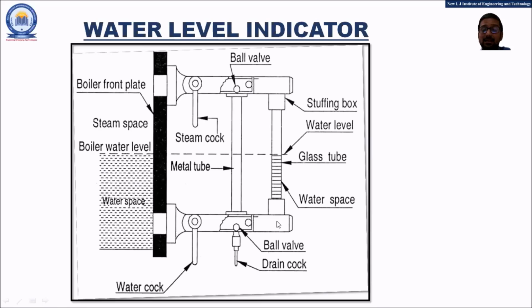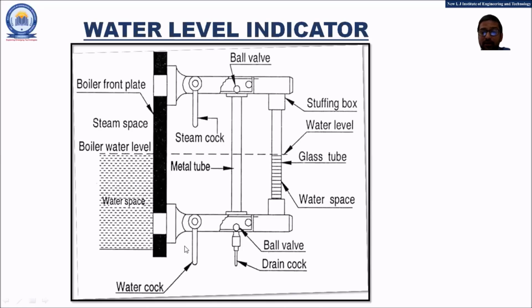In any case, if the glass tube is broken, because of improper working or carelessness of the boiler operator or because of some external conditions, then comes the working of the balls which are provided.